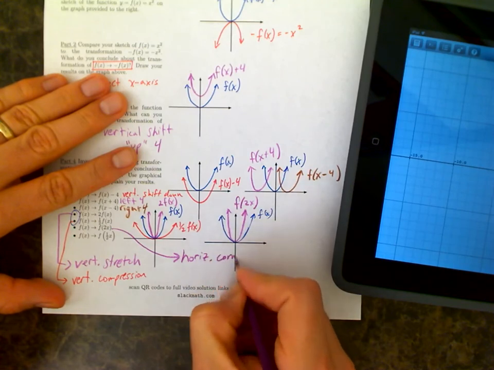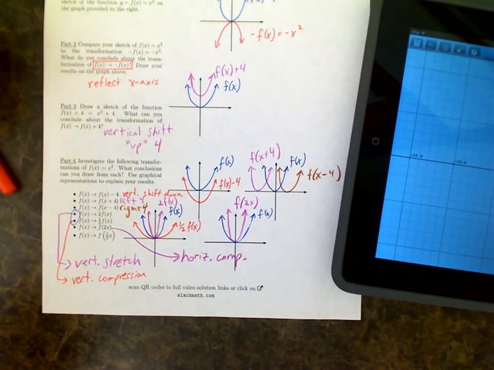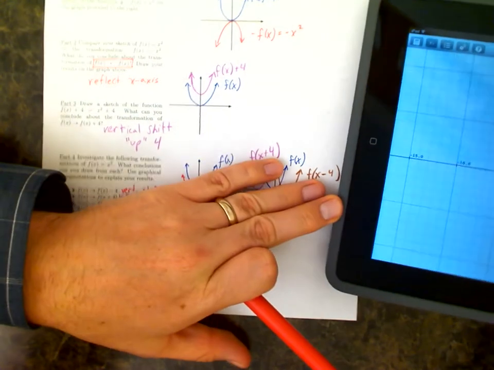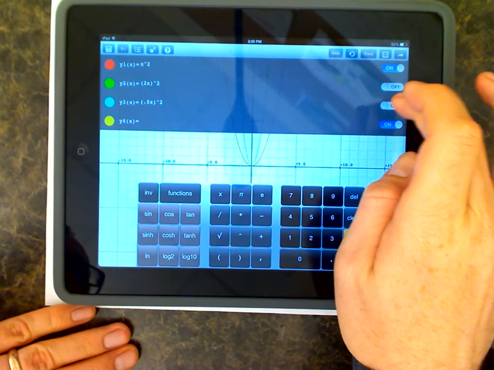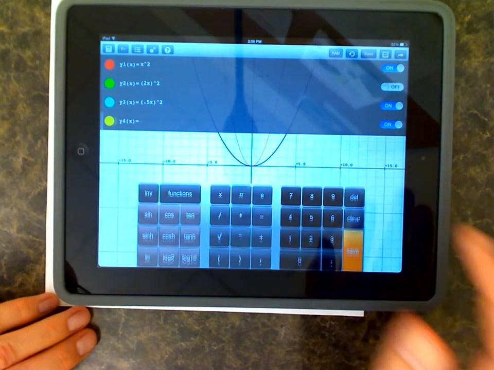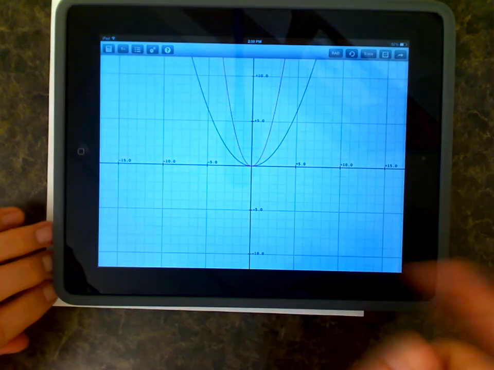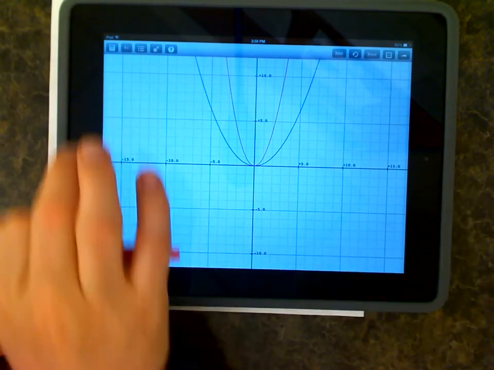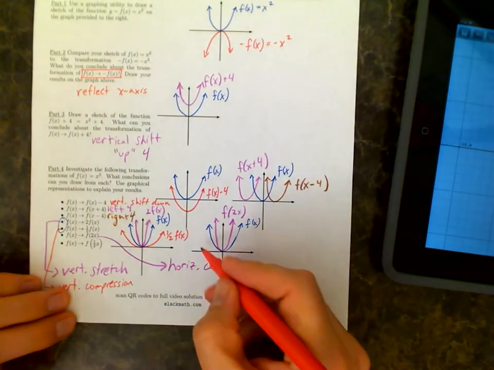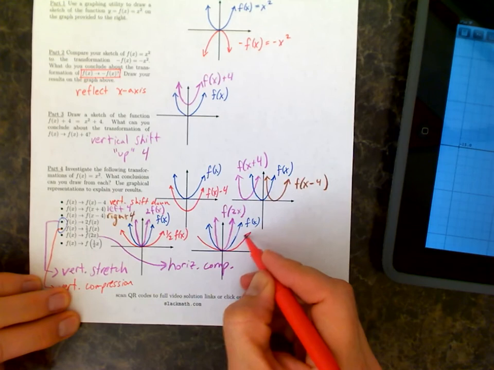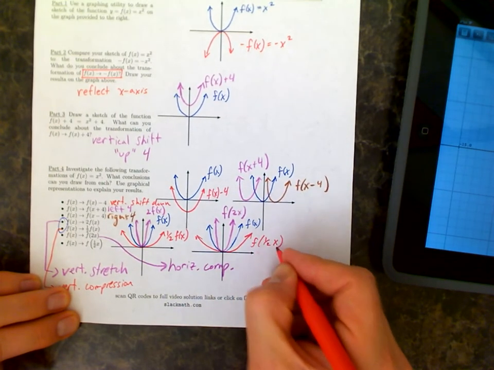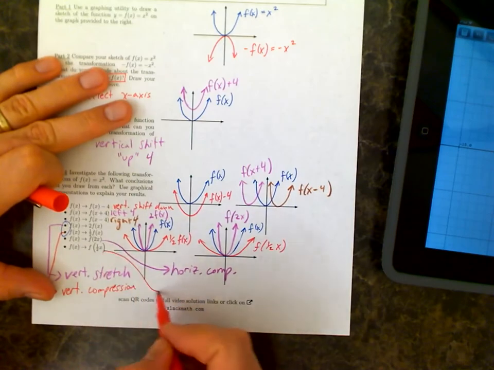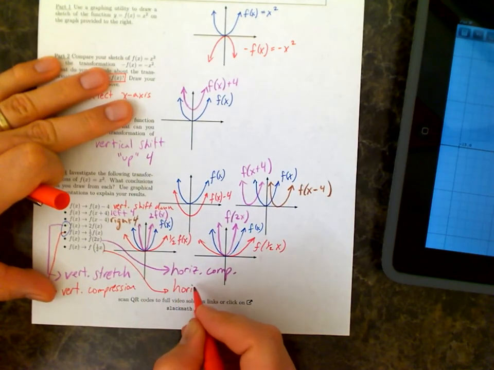Horizontal compression, and f of a half x is a horizontal stretch. So I'll make a note of that here. We've got f of a half x is a horizontal stretch.